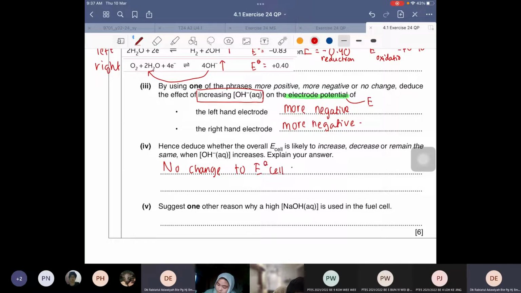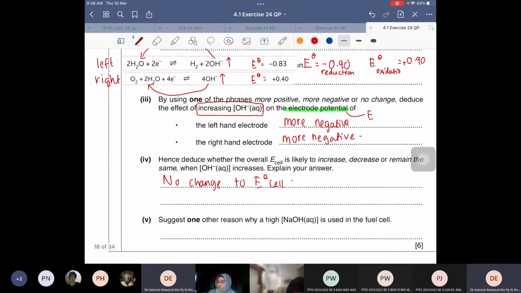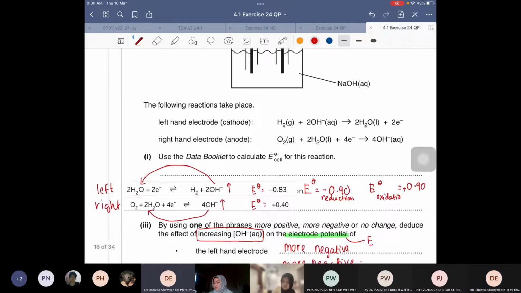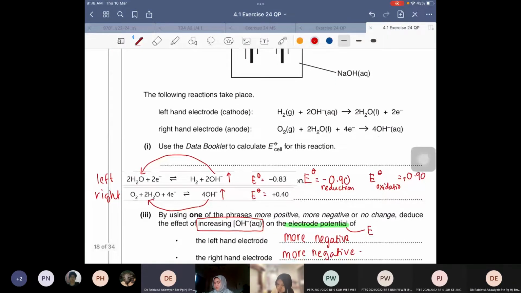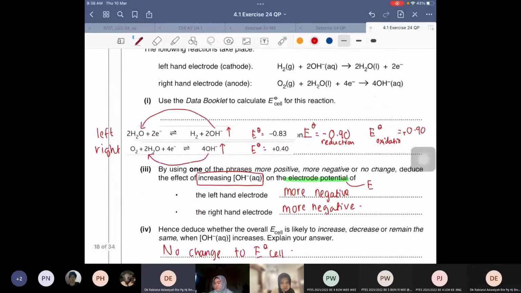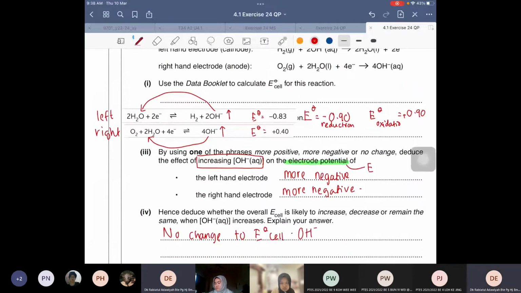Okay, explaining your answer. This is part 4. So how can we explain our answer? OH minus is present on both sides of the overall equation.